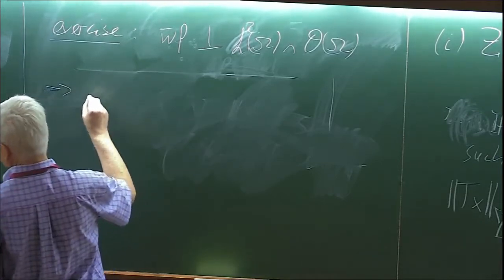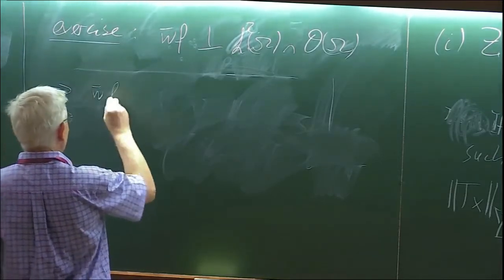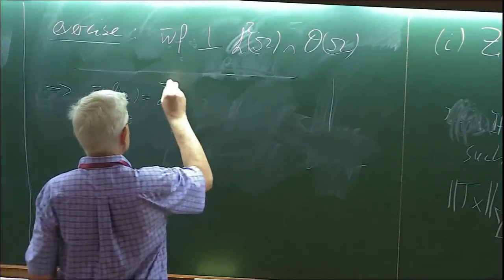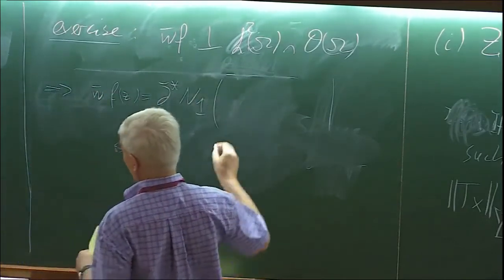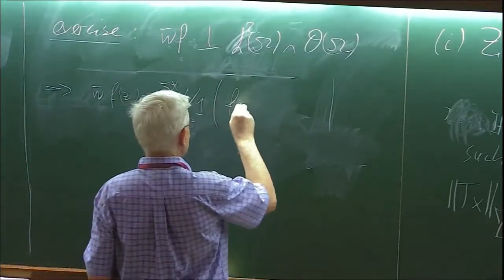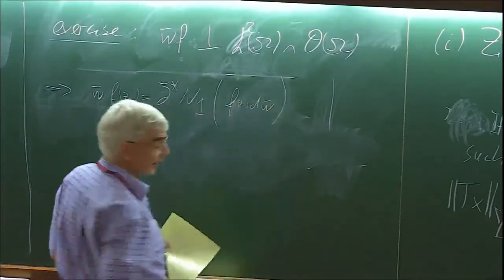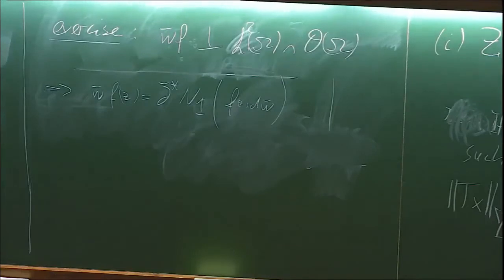So therefore, w bar f is d bar star N1 of the form f of z dw bar. And I want to claim that d bar star N1, because of this, cannot be compact.